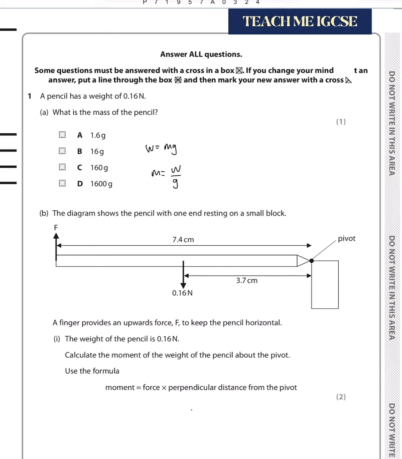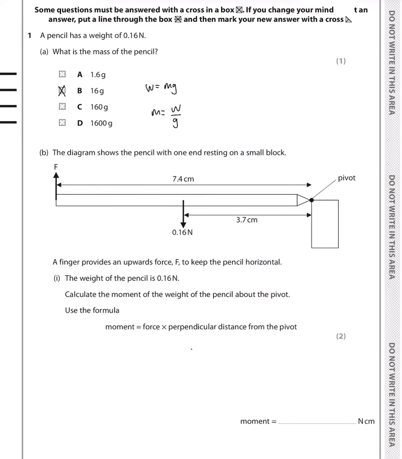So if you put that in your calculator, 0.16 over 10, we will get 0.016, and that will be in kilograms. Our answers here are in grams, so we need to multiply the answer by 1000, so that will give us 16 grams. So B is the answer.